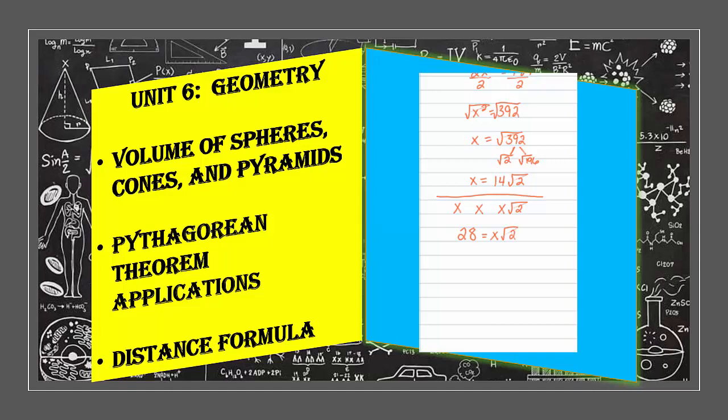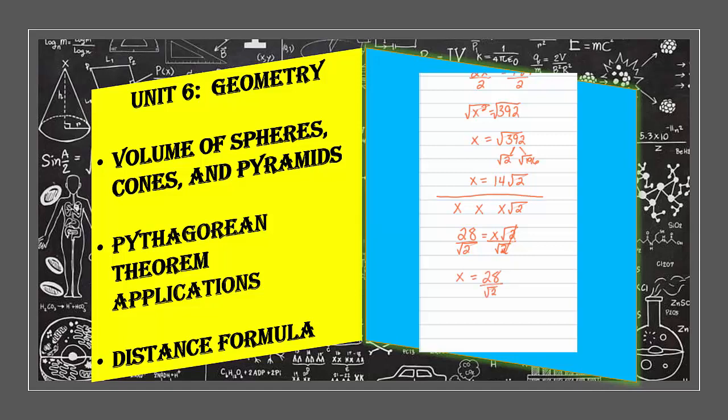Now we just simply have to solve the equation, find the value of x. That will tell us the side length. So I'm going to divide both sides by root 2. Root 2 over root 2 is 1, so that will simplify out. And x equals 28 over root 2.